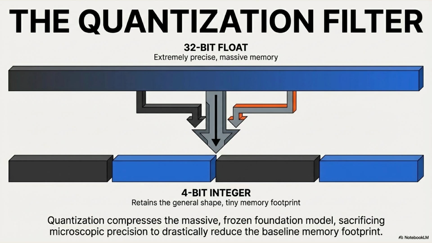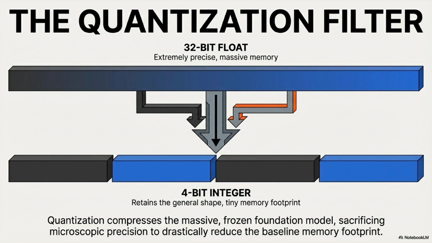Here's the key insight. A model's weights don't need to be perfectly precise for inference to work well. The vast majority of a model's intelligence is captured in the relative magnitudes and relationships between its parameters, not the exact floating point precision of each individual weight. Quantization exploits this. It sacrifices microscopic precision to achieve a massive reduction in baseline memory footprint.